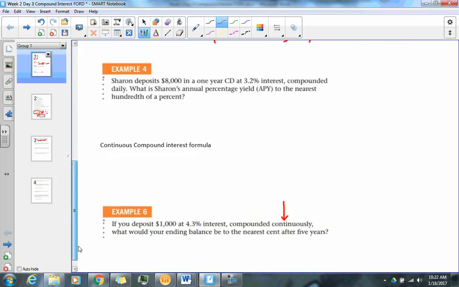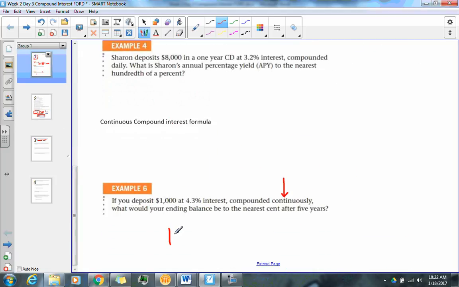So it is going to be 1,000 parenthesis. Ooh, I think I messed that up. All right, sorry, it's not 1,000. It is 1,000. Sorry, forgot to put the E on there. 1,000 E, and it is going to be 0.043 as an exponent times 5.